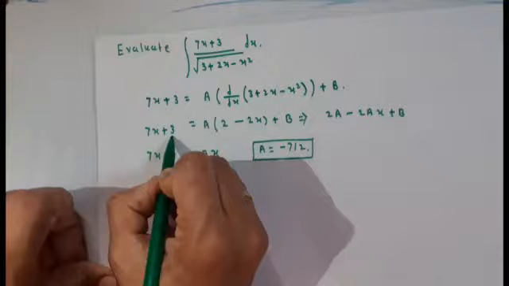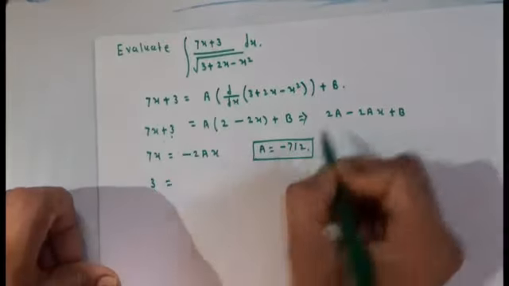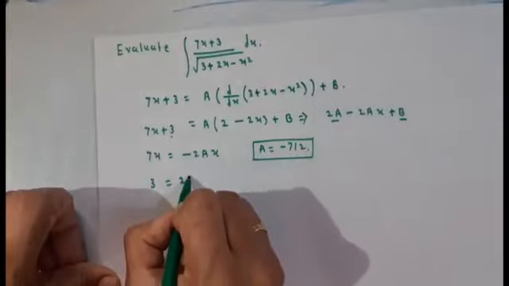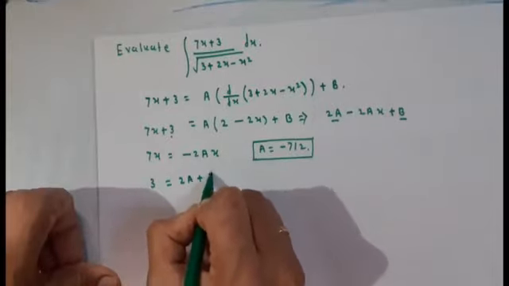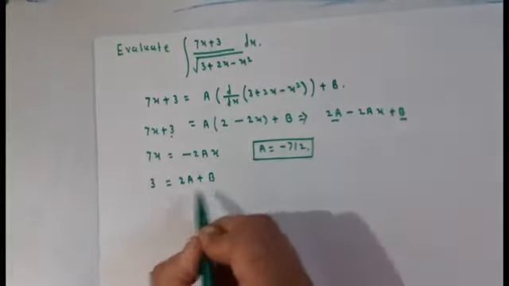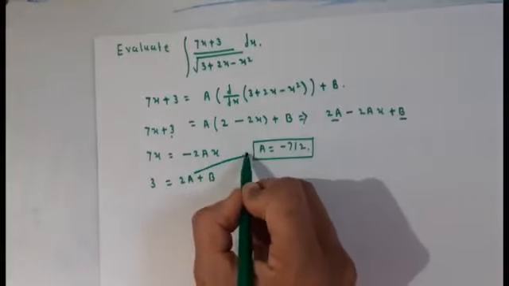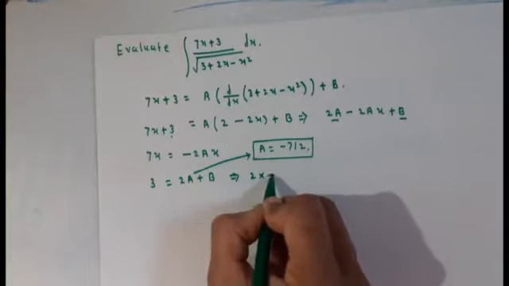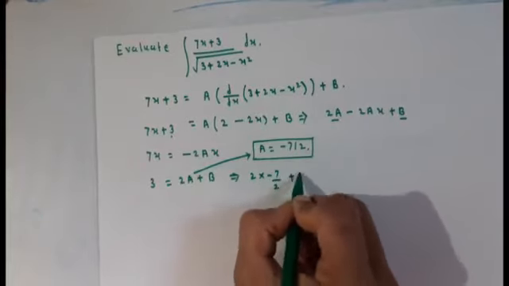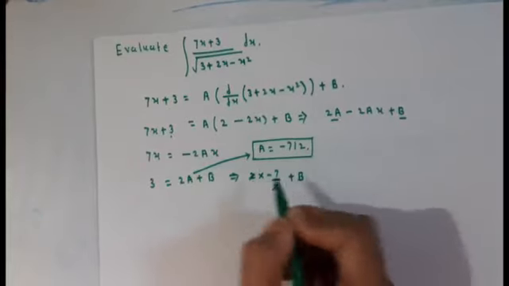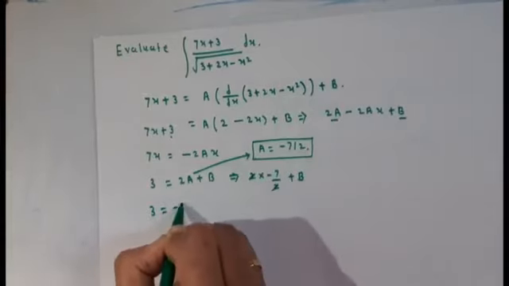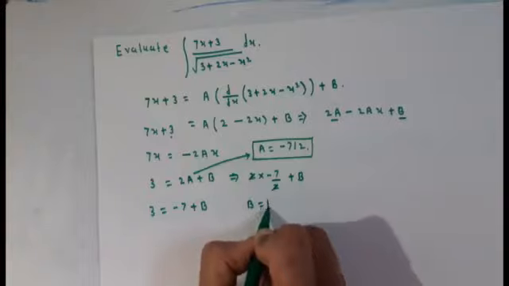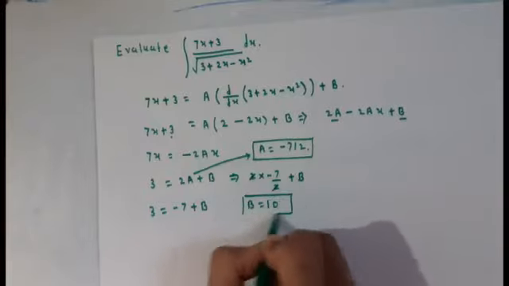Here the constant term is 3, and on the other side the constant term is 2a plus b, as there is no other term containing x. Put the value of a from here. We will get 3 equal to 2 into minus 7 by 2 plus b. The 2 gets cancelled, so 3 equals minus 7 plus b, and therefore the value of b is 10.